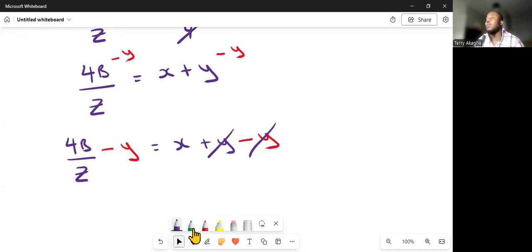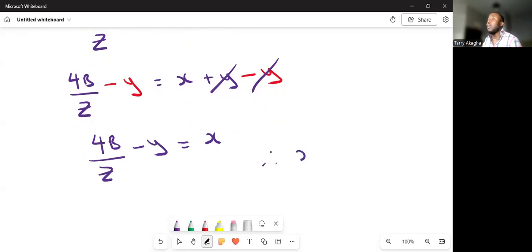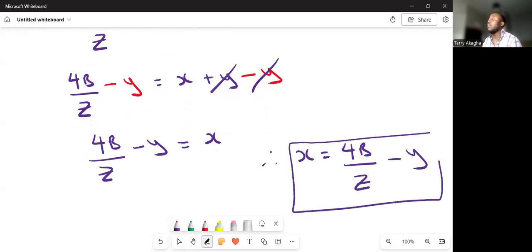And then that will give us 4b divided by z minus y is equal to x. So therefore, you can now say x is equal to 4b over z minus y. And that will be the answer for that.